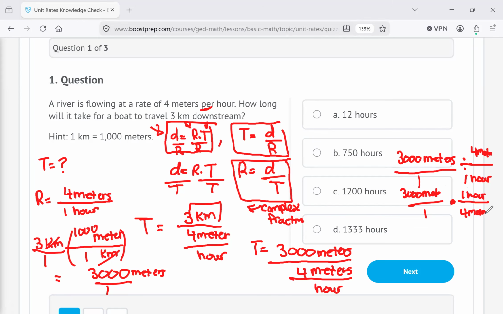Now, as you can see, the meters disappear. When you're multiplying fractions, you multiply across, not crisscross. So 1 times 3,000 is 3,000, and 1 times 4 is 4. Then 3,000 divided by 4 is 750. As you can see, you're just left with hours. So the final answer is 750 hours.